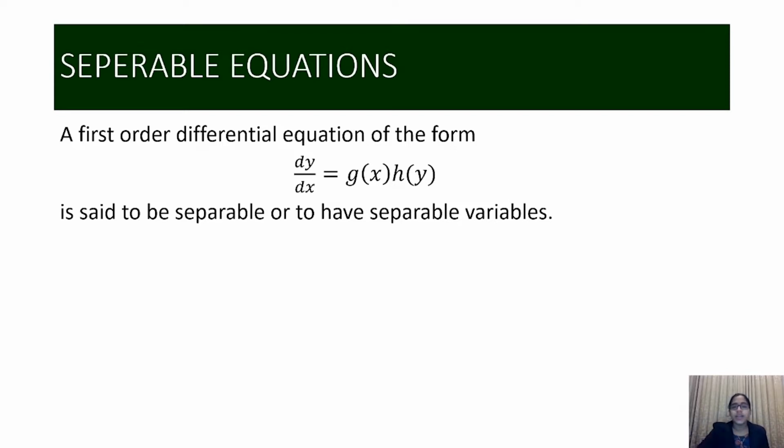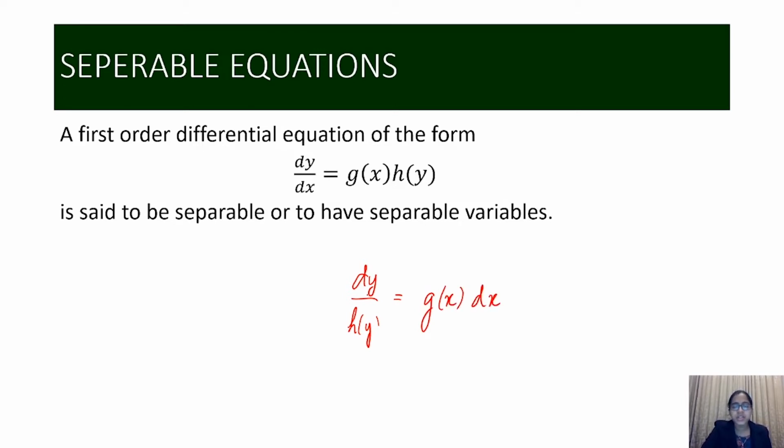So here we have dy by dx is equal to g of x into h of y. If I take h of y to the right hand side, what do we get? We get dy by h of y, equal to g of x into dx.